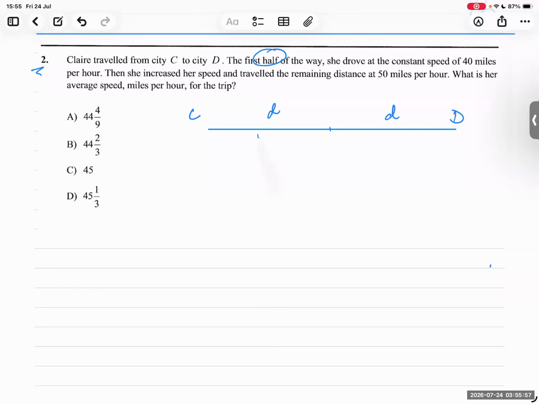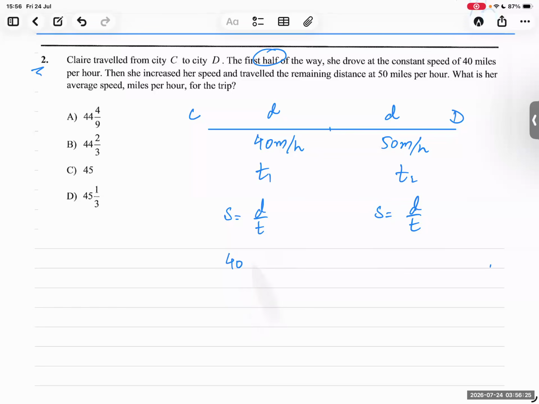She drove at a constant speed of 40 miles per hour. Then she increased her speed, traveling the remaining distance at 50 miles per hour. What is her average speed for the whole thing? So that would be T1 and that would be T2. We know that speed is equal to distance divided by time.